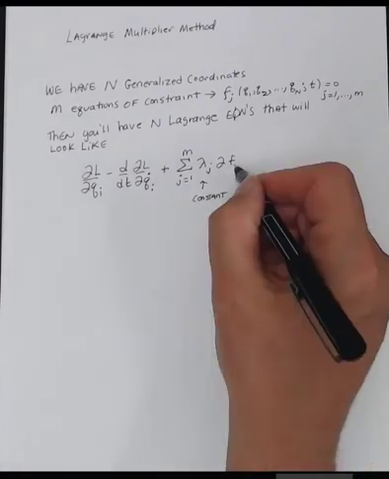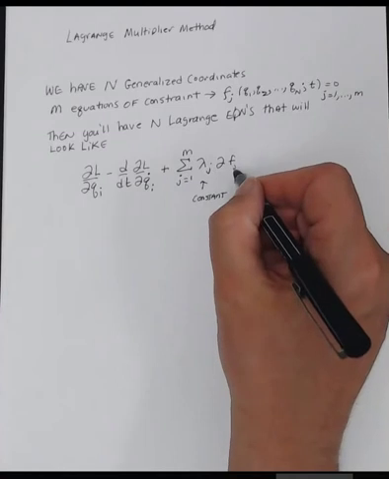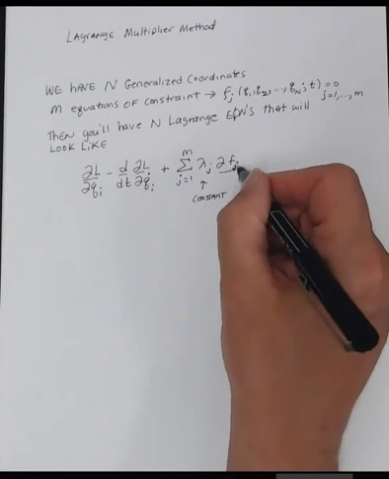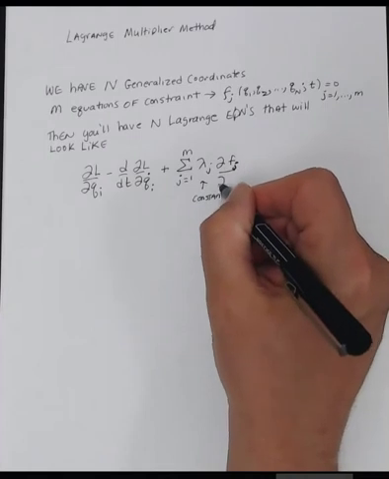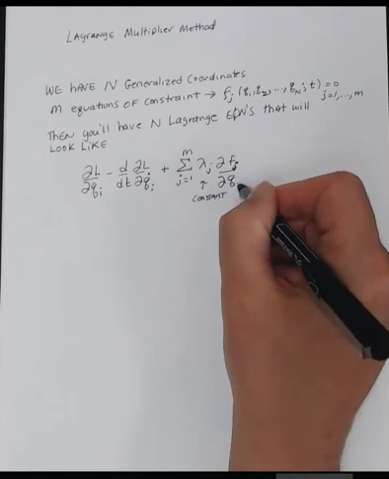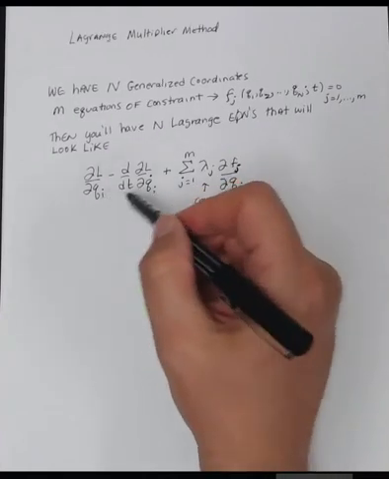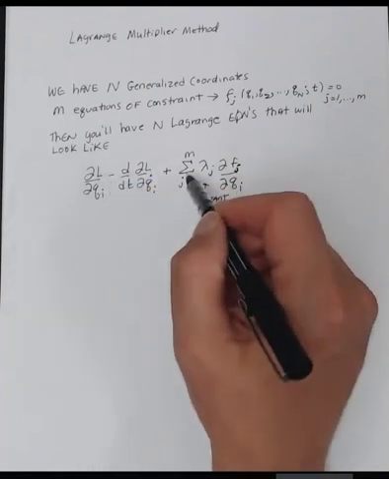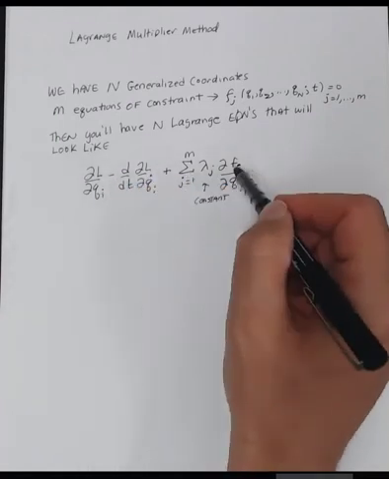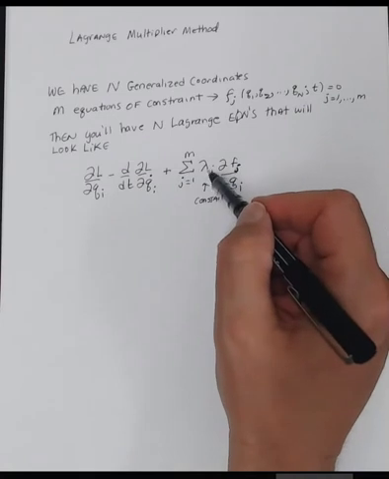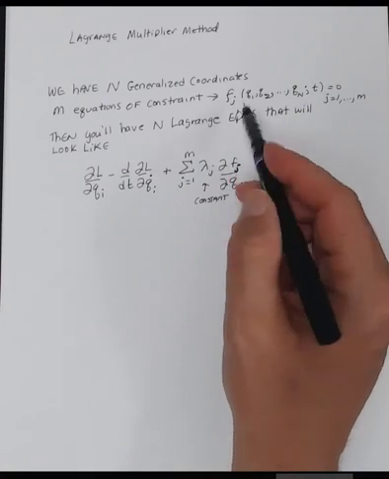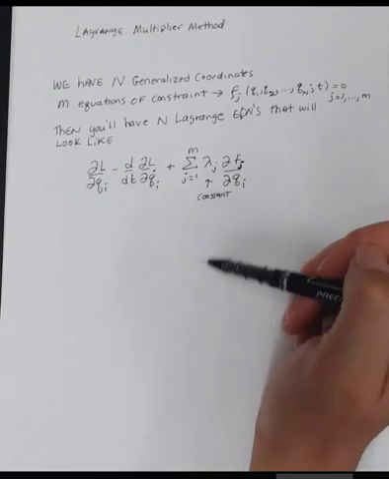So we have dfj, this is the jth equation of constraint, over the partial dqi. So this is for coordinate qi. This is what we would have had for the Lagrange equations, and we have m terms here. And we'll have m constant multipliers if we have m equations of constraint.